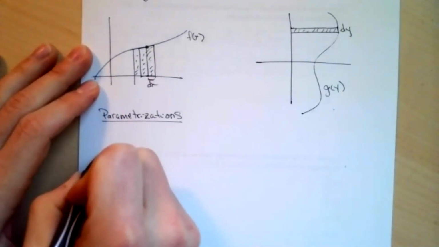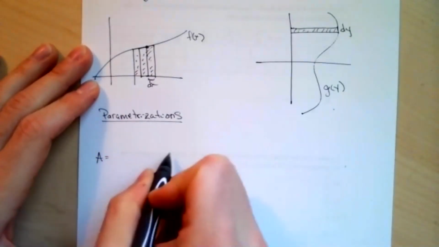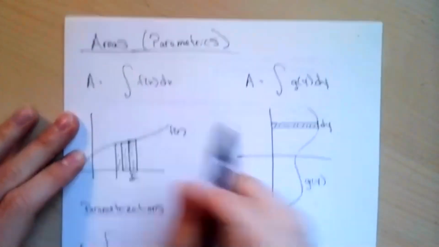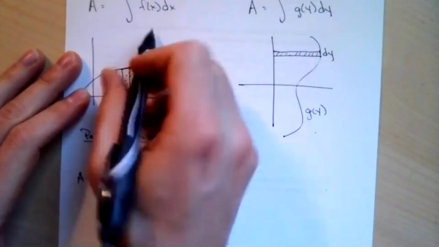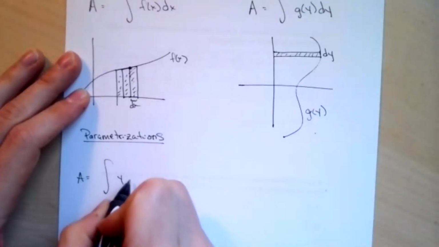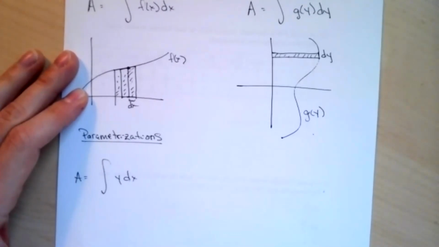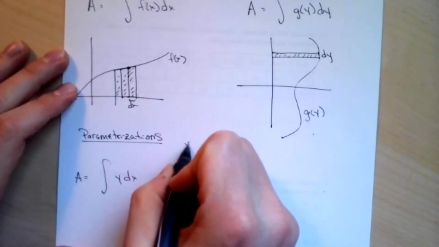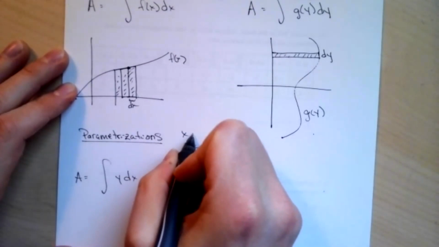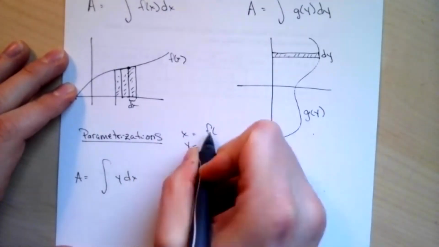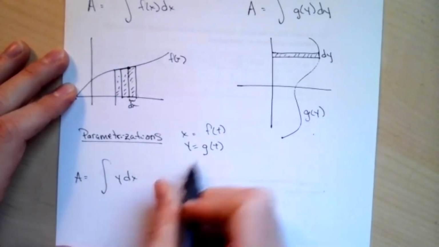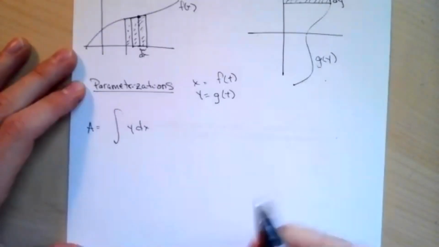Then we're simply going to take either of those formulas, except instead of f(x) dx, really another way to write that is just y dx. We're taking the y coordinate as the height, and our width is dx. If we have parametrizations, let's keep our same values, x equal to f(t) and y equal to g(t), well, we just make those substitutions.